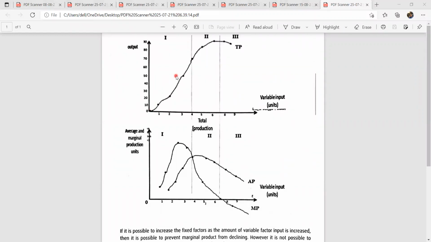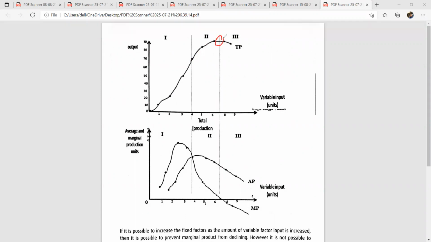total production has 3 phases. Production rises at an increasing rate. Once again, production rises at a decreasing rate. Thereafter, total production falls. So total production reaches its peak here. When it happens, marginal production is 0. This is the marginal production.